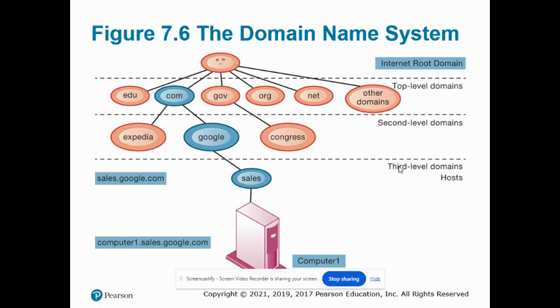A second level domain for .gov is Congress. A third level domain would include hosts. For example, sales would be a host at Google named sales.google.com. The host computer, computer 1, at this level would be reached at computer1.sales.google.com.